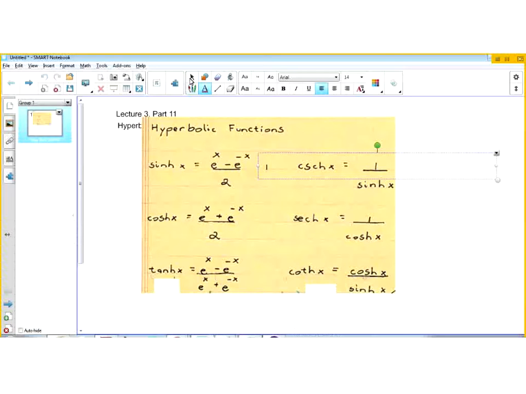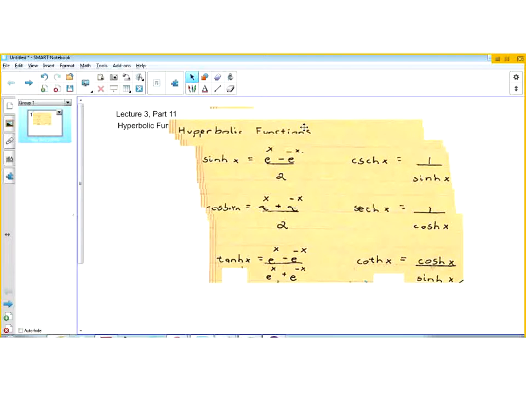All right, so let me paste this in here. So here we have the definitions of hyperbolic functions.